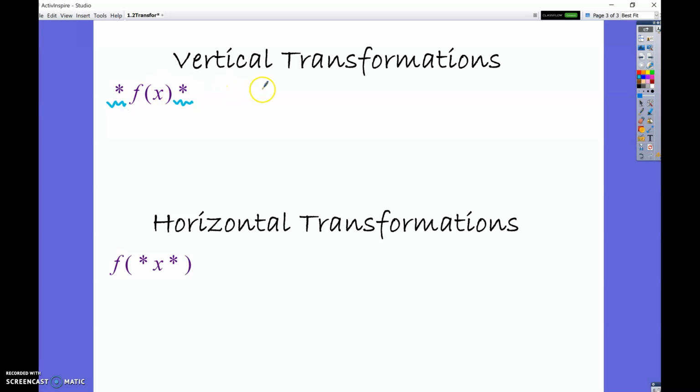So say you had a 5 and f of x and plus 2, you would note that these are both vertical transformations. This is going to go up 2, and this is going to make your slope go times 5.